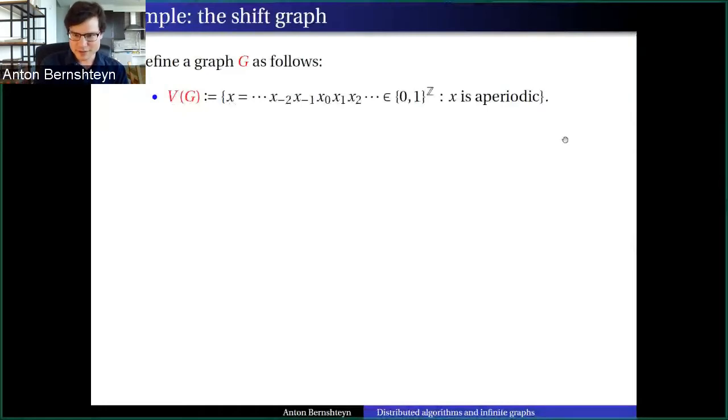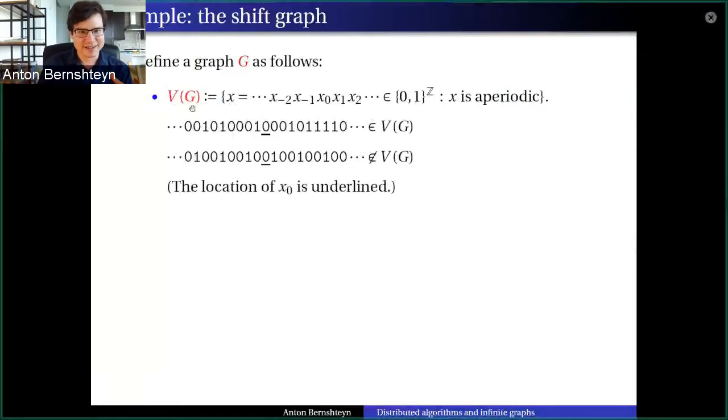What this means is that if I have some kind of a random sequence of zeros and ones, this is going to be a vertex in my graph. And I'm underlining this zero here to point out which of all of these digits is representing the zeroth entry of the sequence. Because it's infinite both ways, otherwise it wouldn't be clear where zero is.